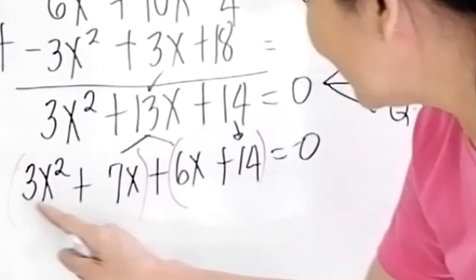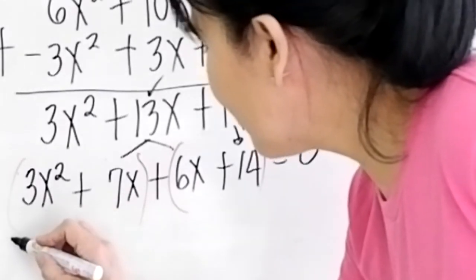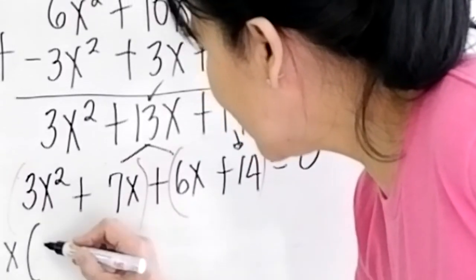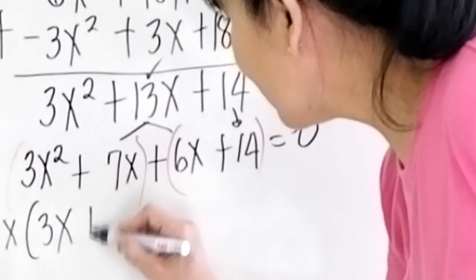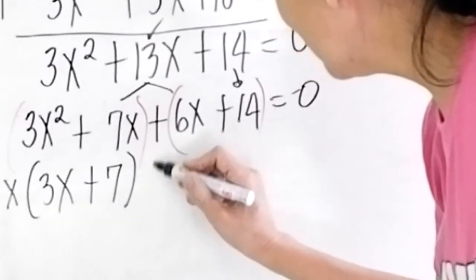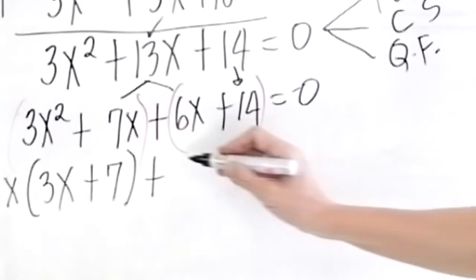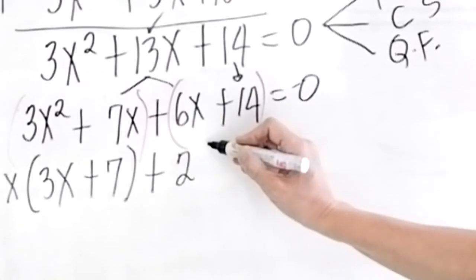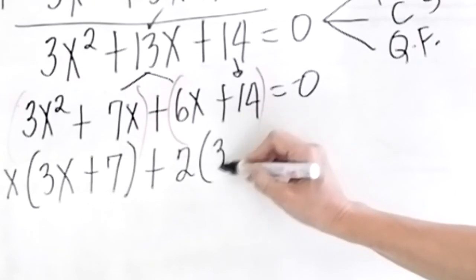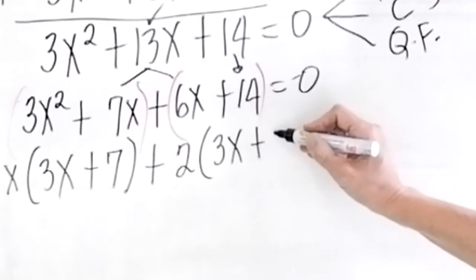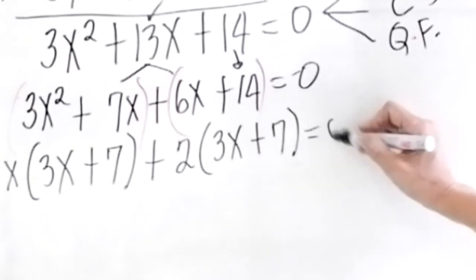So we'll have here, factor out the common factor. We get x times the quantity 3x plus 7, plus, what is the GCF here, the common factor? 2 times the quantity 3x plus 7 equals 0.